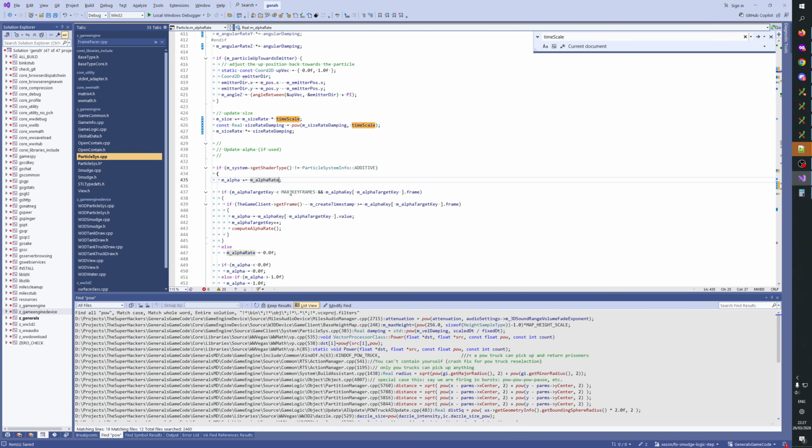Okay, alpha rate times time scale. Max frames.